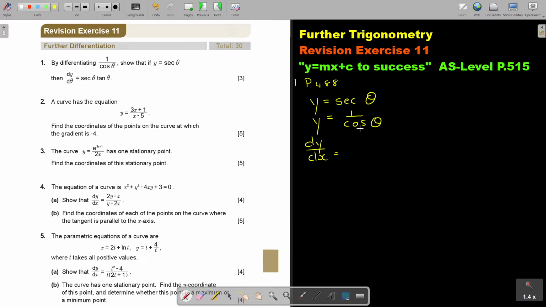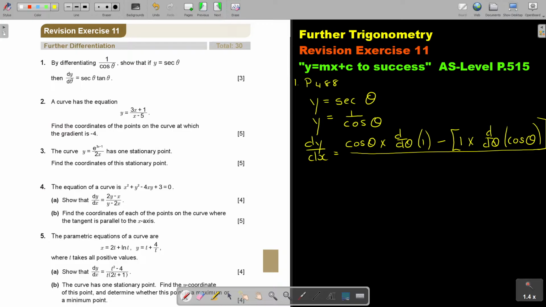The quotient rule works like this: I rewrite the denominator and differentiate the numerator, and then I subtract, rewrite the numerator and differentiate the denominator, and then I put it over the denominator squared.